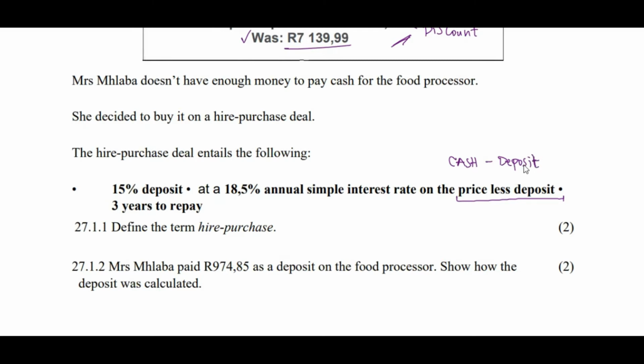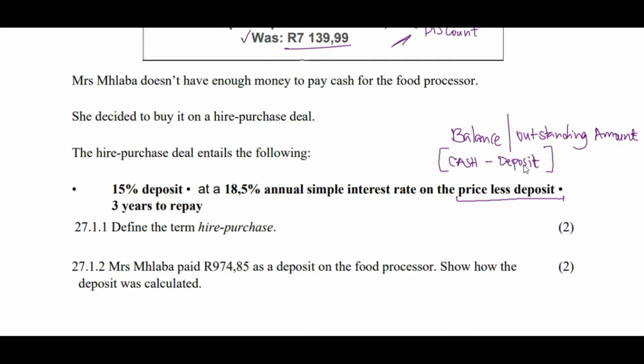Another general term for this money is the balance or outstanding amount. Take note, this is the amount that will carry the interest only. Deposit does not carry interest because it's paid once off. It's not among the monthly repayments.